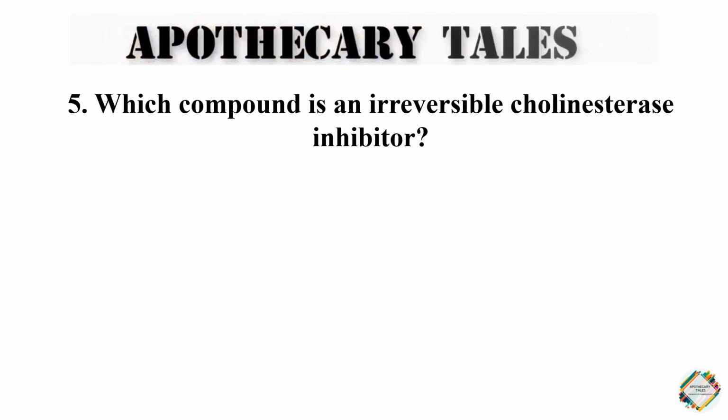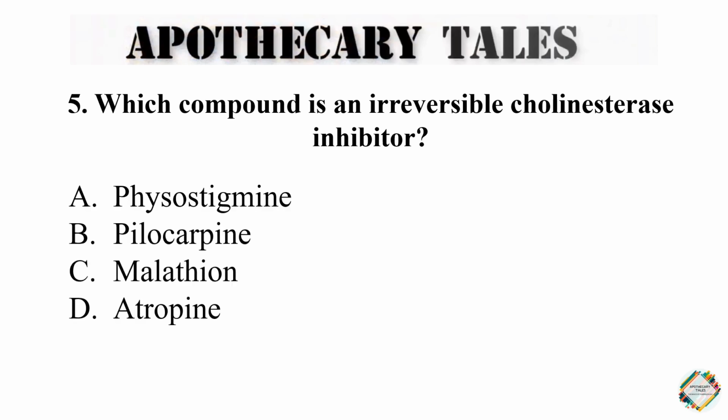And finally, the last question from this part is, which compound is an irreversible cholinesterase inhibitor? The options given here are physostigmine, pilocarpine, malathion, atropine. Let's discuss each drug.